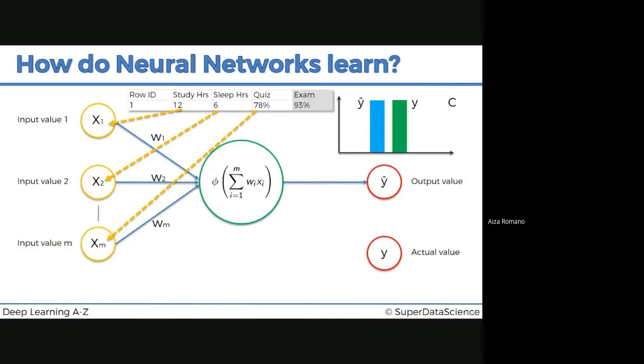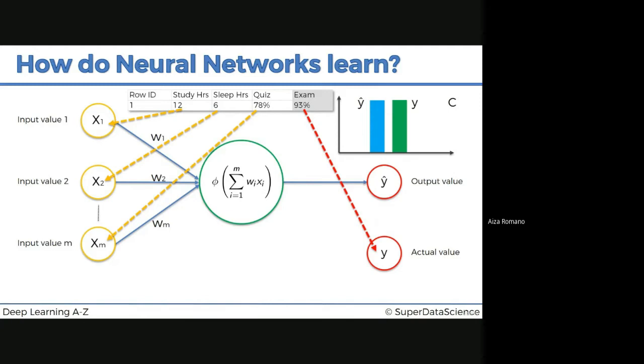The independent variables are how many hours you studied, how many hours you slept, and what you got on the quiz in the mid semester. So in the middle of the semester there's a quiz, and what percentage did you get there? Based on those variables, we're trying to predict what score you'll get for the exam. In the exam, the 93%, that's the actual y. So we feed these three values into our neural network for the second time now.